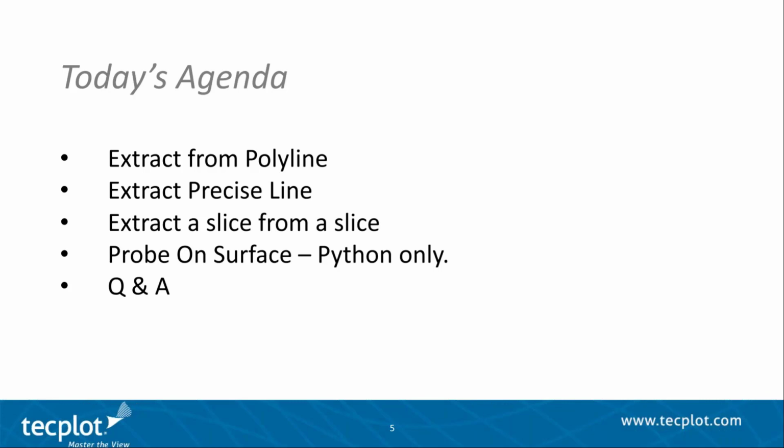The first three techniques, extract from polyline, extract precise line, and extracting a slice from a slice, can all be done directly through the TechPlot 360 user interface, and we'll show you how to do that today. Then we have a fairly new function that we've added to our Python API called probe on surface, which has been really useful to our users who are trying to compare wind tunnel results with simulated results. They'll often have a very specific XYZ location that, say, represents a pressure tap, and they can use probe on surface to get the nearest surface location to that XYZ location. We'll show you how to use that script, and then we'll open it up for Q&A.